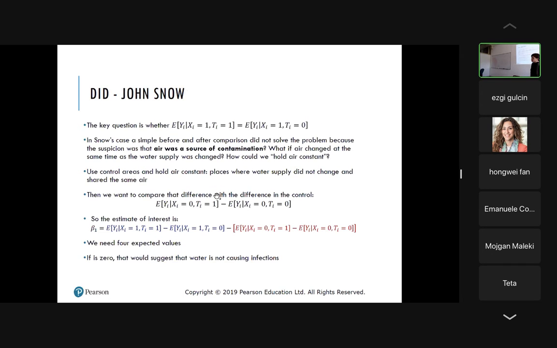Okay, so the question is always the same, and in this example we are concerned that there are other variables, like the air, which could have explained this contamination, this source of infection. So we identified another variable which could have explained this phenomenon. This is the air, and given this we use control areas.